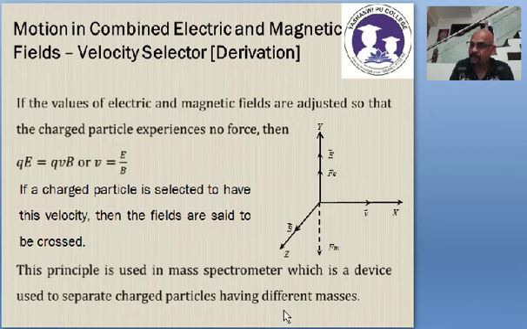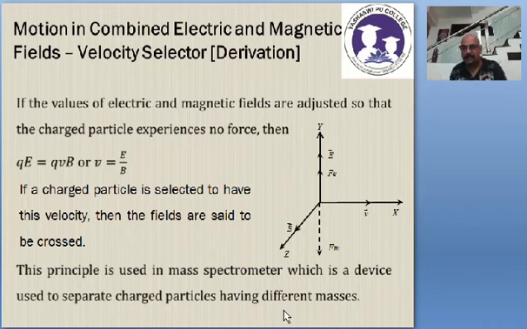So dear students, notice that along the positive y-axis, the charge is experiencing the electric force, and exactly below, it is experiencing the magnetic force Fm.